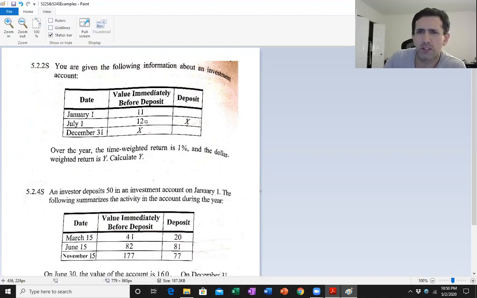It's not a deposit or withdrawal. It's not the initial deposit or the end amount of money you have. So we don't care. It's just like observing how much money you have in your account. That doesn't change anything. Doing that in between starting and the ending period doesn't change anything.